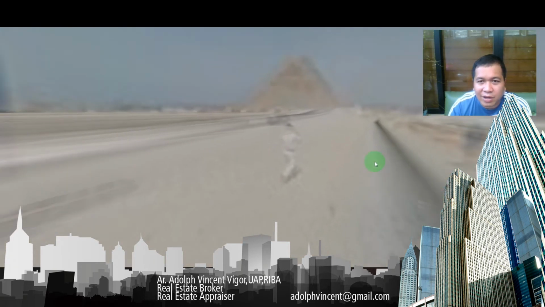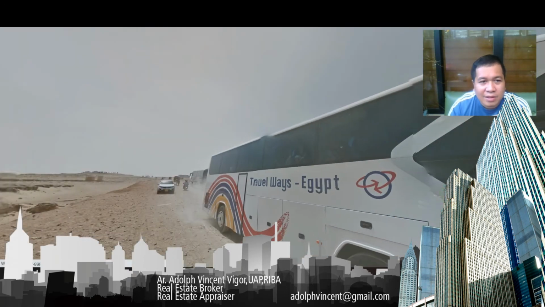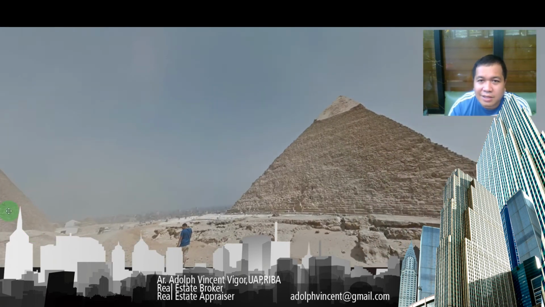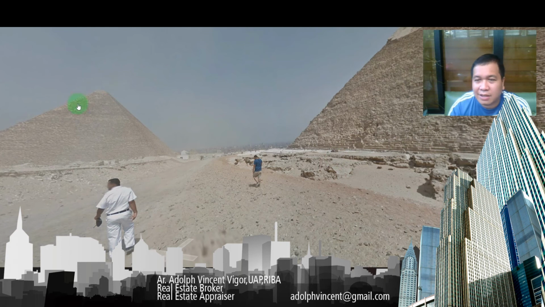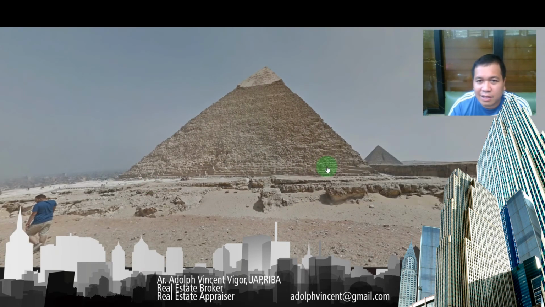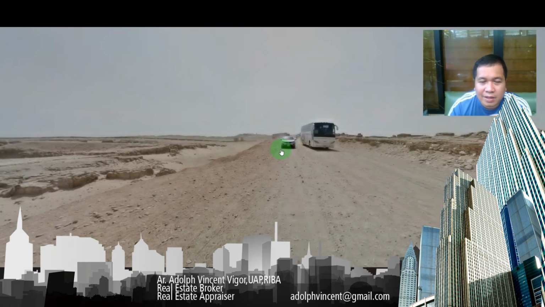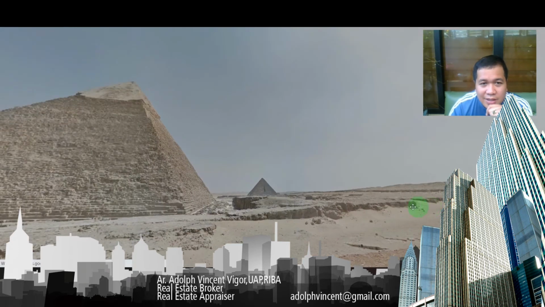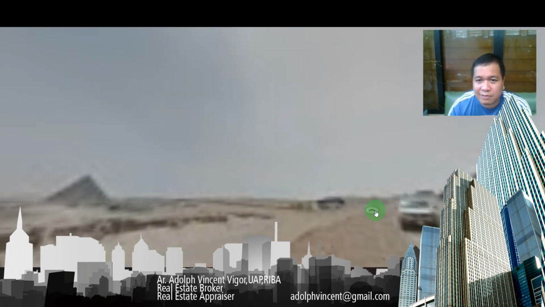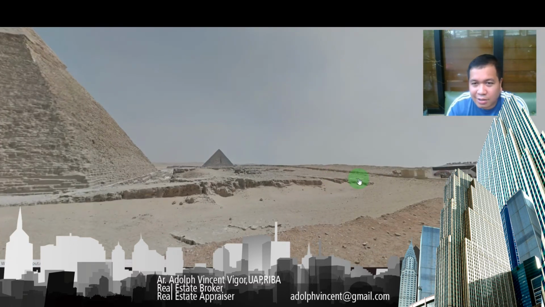Wow. So where are we right now? We've gotten quite a distance. Okay. So here, this Khafre is the Great Pyramid of Giza. This is Menkaure. And you know, class, my experience in the Middle East, walking around in sites like this, I think it looks fun, but when you're actually there, it's quite tiring.